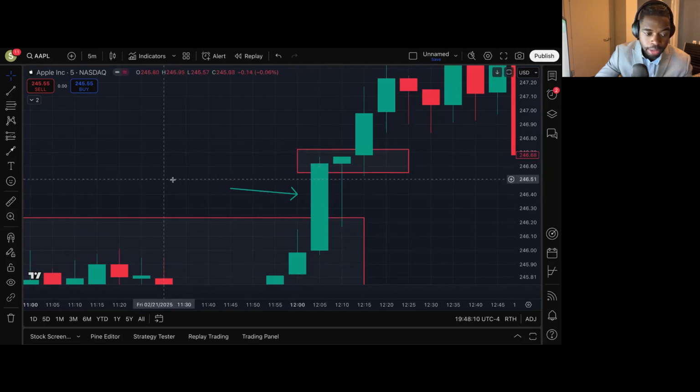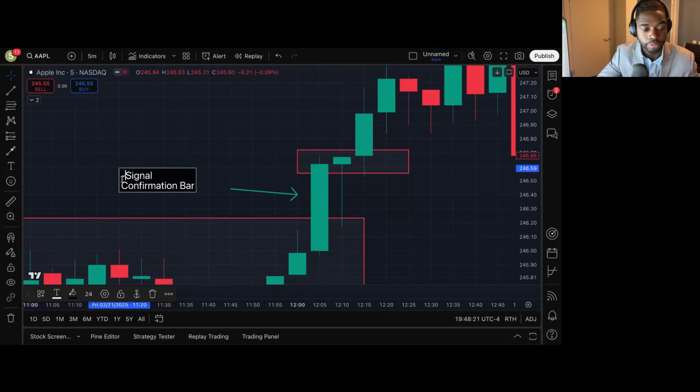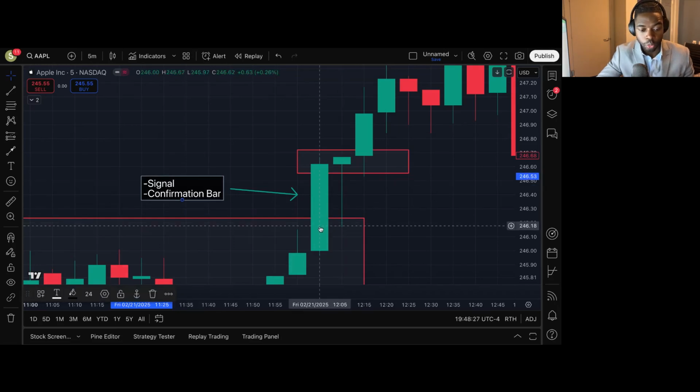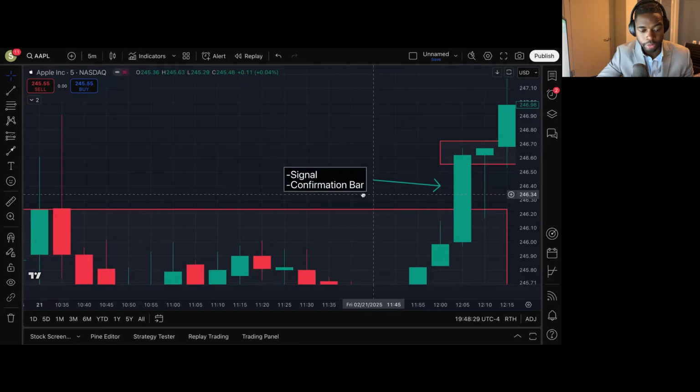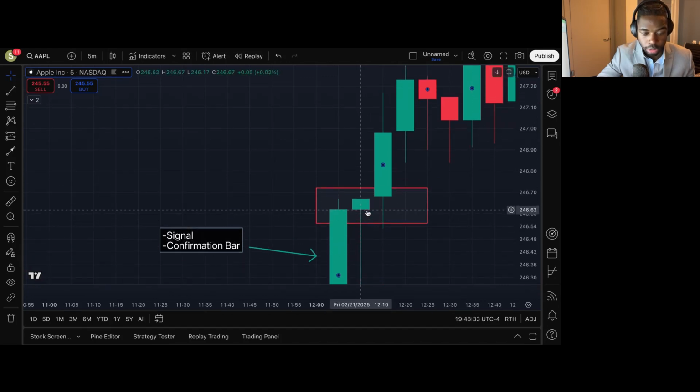This is considered your signal bar or confirmation bar. Wait for the bar to close, and then you enter on the open of the next bar.